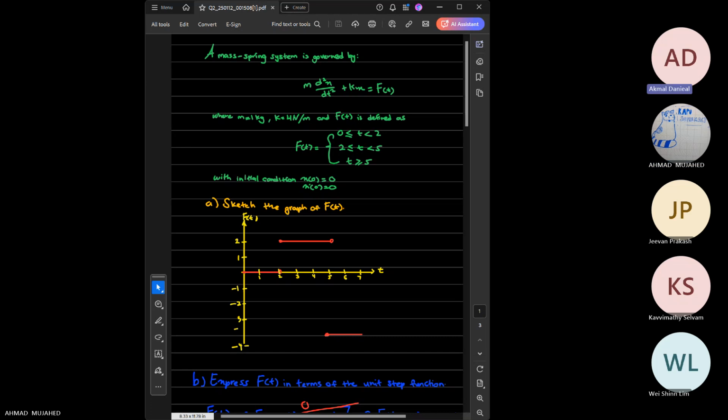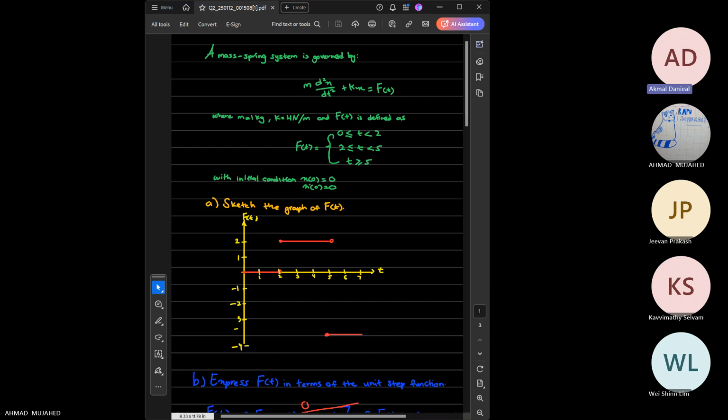So the first part of question 2 is to sketch the graph of f(t). We look at the given values where 0 ≤ t < 2, where 2 ≤ t < 5, and where t ≥ 5.